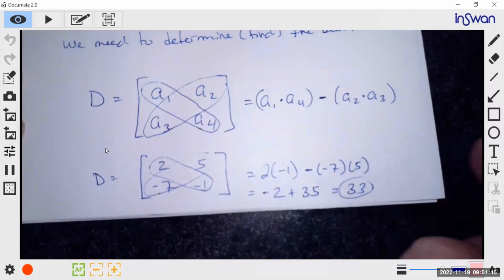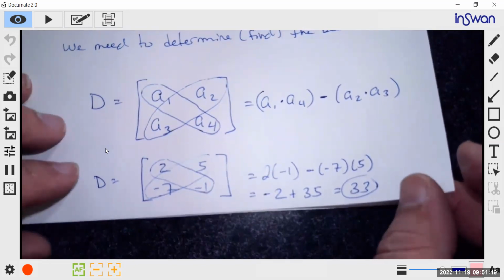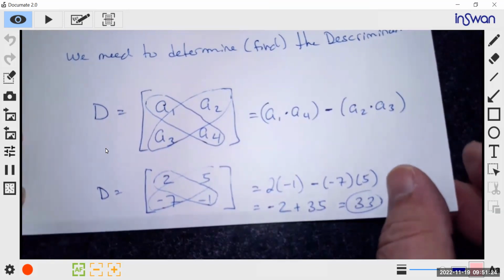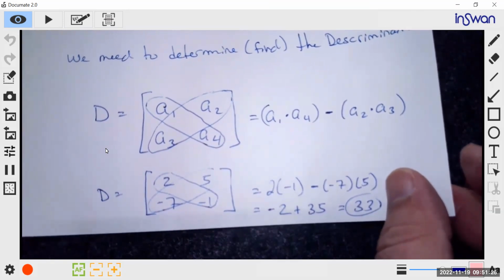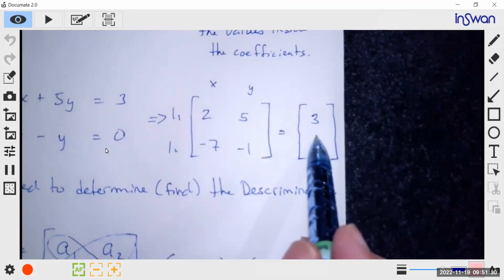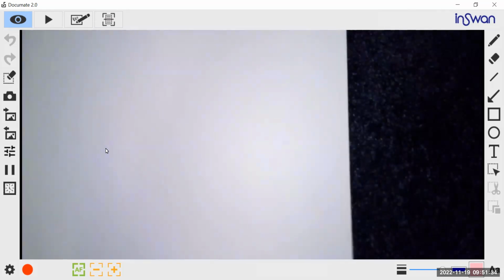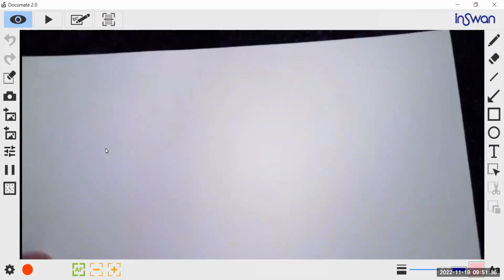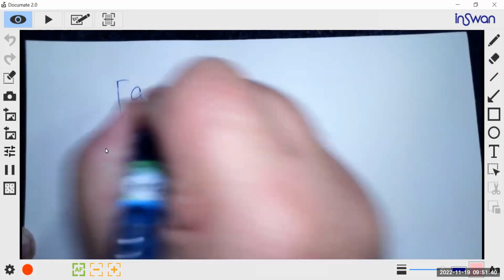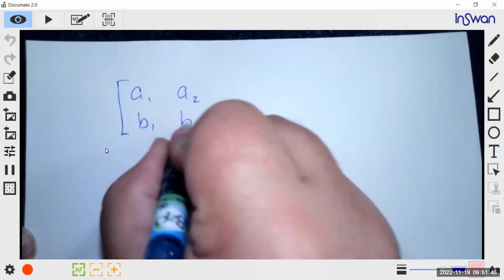All right, let's see. We have to also examine some other parts because this is just the main part. We haven't incorporated the answers yet. Let's figure out how to find X and Y. So A1, A2, I'll call this one B1, B2.